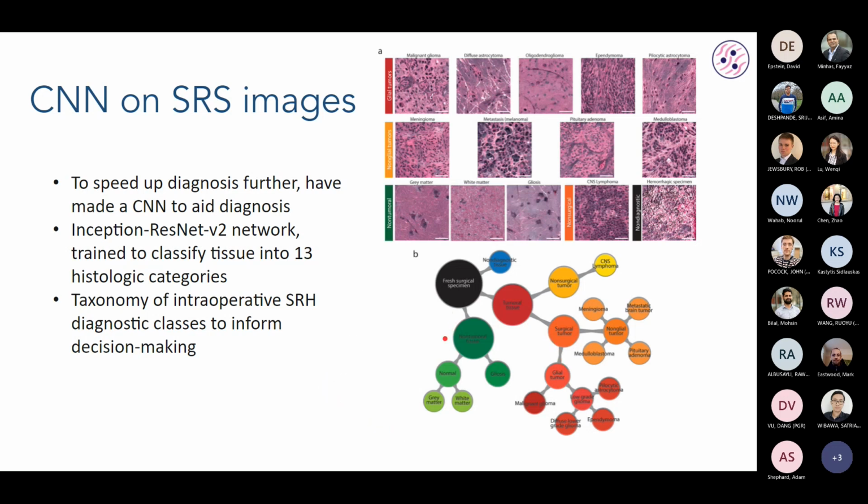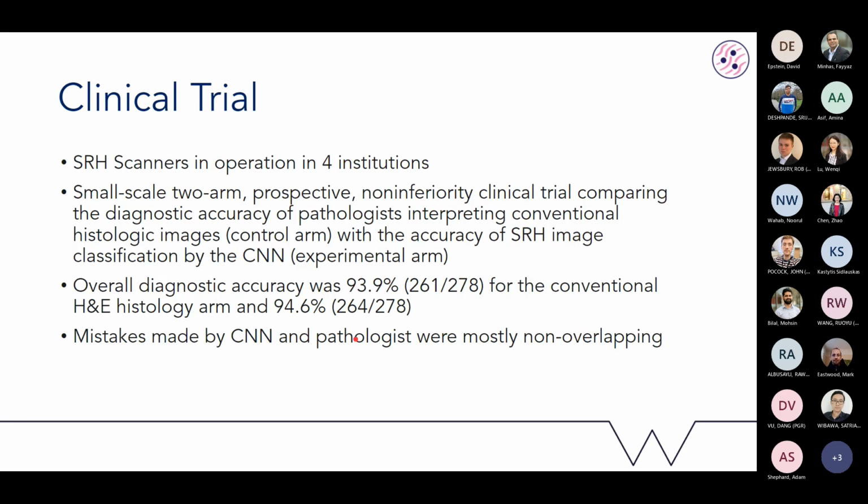That's to help inform the decision making during the operation, basically. Essentially, they've just got a whole bunch of labelled patches that they've used to train this network. They have these scanners in operation in 4 different institutions in the US, I think the University of Michigan, Florida, I can't remember the others, but a few different places.